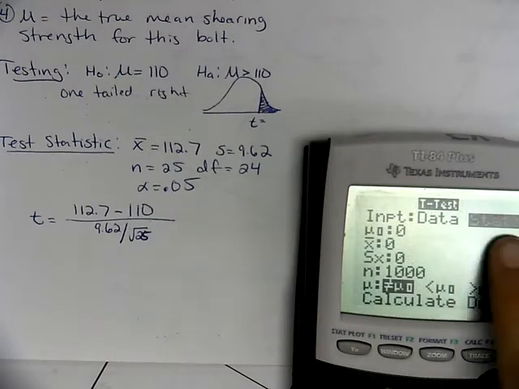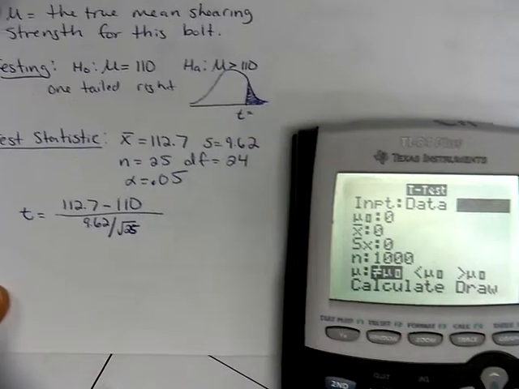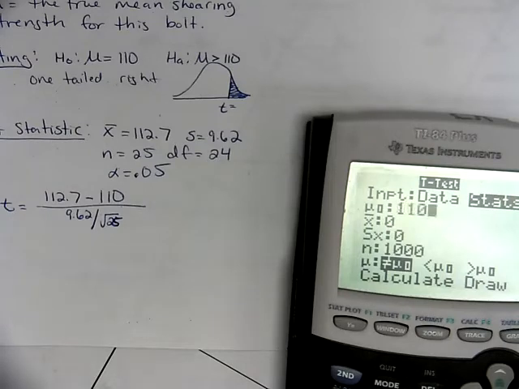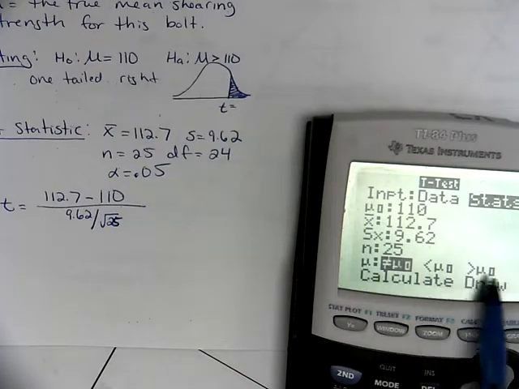So T test, go to the stats part. So again, your mu sub 0 is whatever your hypothesized value is, whatever your H0 and Ha are. So here it's 110. X bar is 112.7, 9.62, 25. And then this part, remember, should match whatever your alternate is.